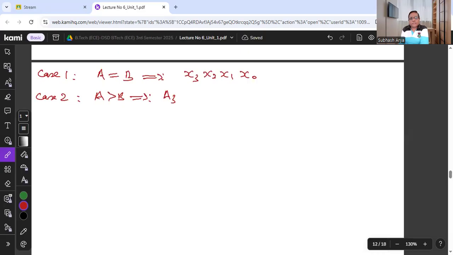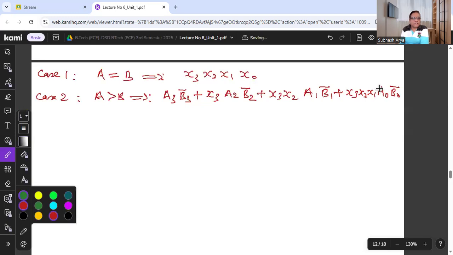A3 B3 bar plus X3 A2 B2 bar, provided for this case A is greater than B, plus X3 X2 A1 B1 bar plus X3 X2 X1 then A0 B0 bar.